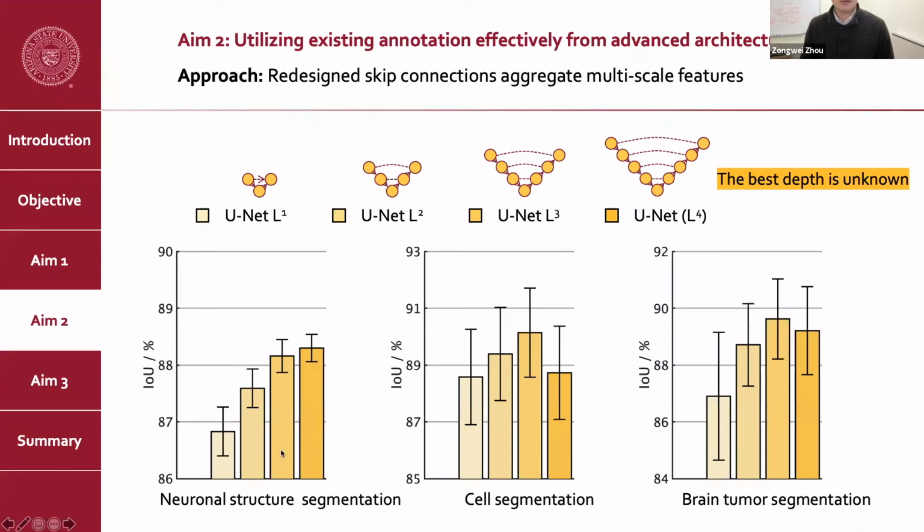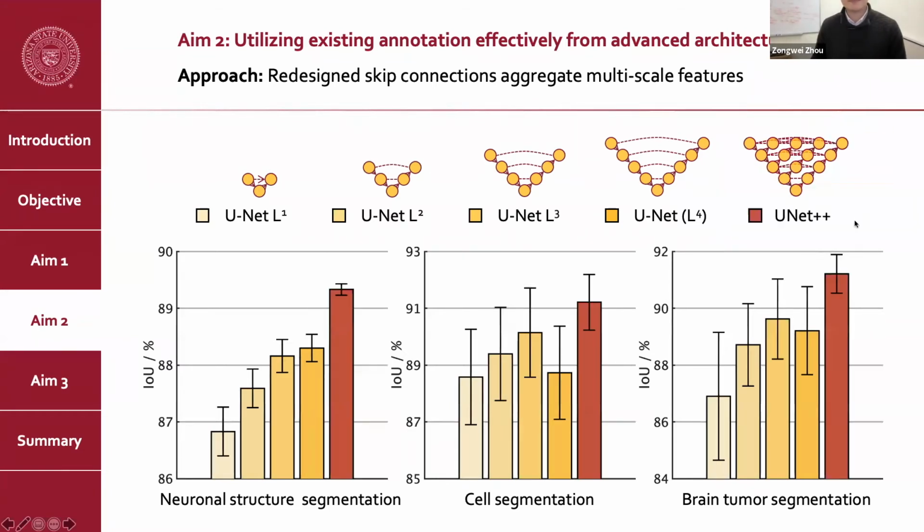For neural structure segmentation, it seems level 4 can give the best performance. But for cell and brain tumor segmentation, level 3 actually gives the best performance. So the best depth, the best level, is actually unknown in the literature.